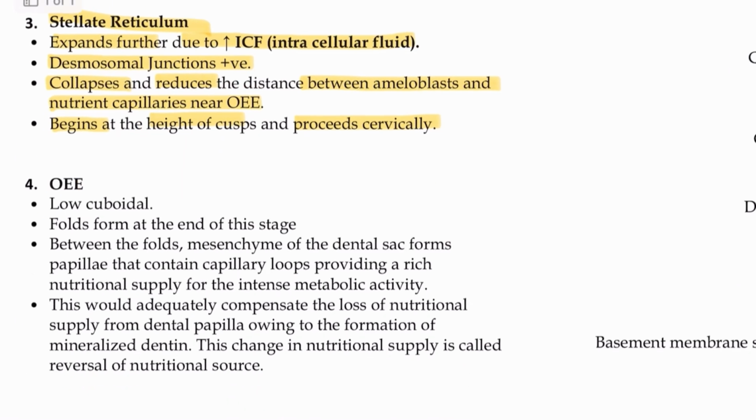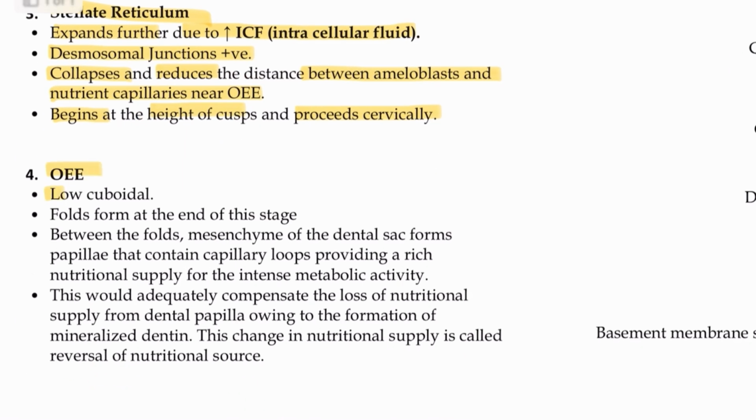Now the outer enamel epithelial cells are low cuboidal cells. What had we studied until now? Tall columnar cells, low cuboidal cells, same thing, low cuboidal. Folds form at the end of this stage, and between these folds, the mesenchyme of the dental sac forms papillae that contain capillary loops, providing a rich nutritional supply for the intense metabolic activity.